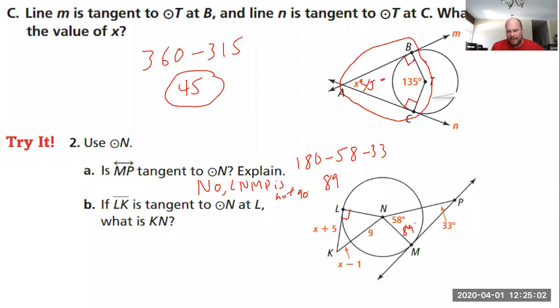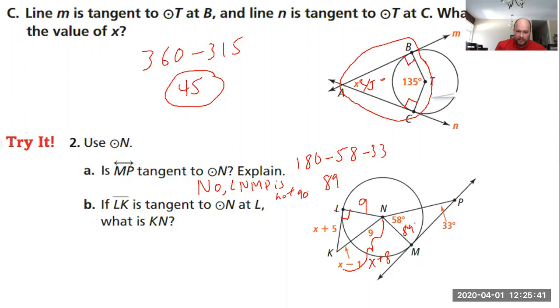So what is KN? Well, again, this comes back to the Pythagorean theorem. I told you guys when we did Pythagorean theorem, we were going to keep seeing triangles all year long. And again, we have it here again. So now we already know that this piece is 9. All right. So things that we know, we have a C value that is going to be actually this entire length from K to N. So this whole thing is going to be X plus 8.